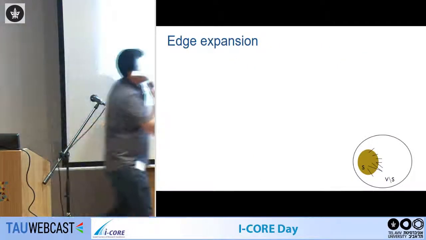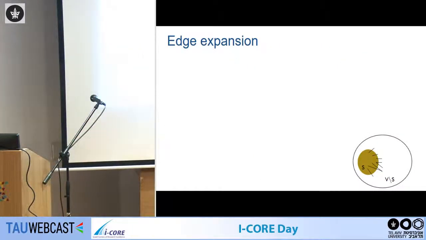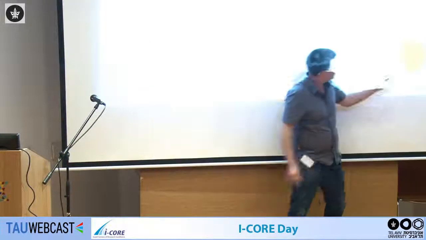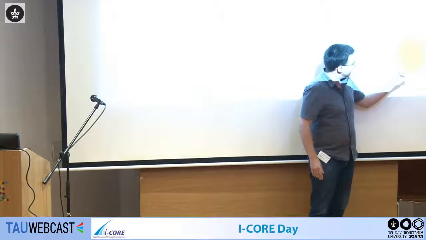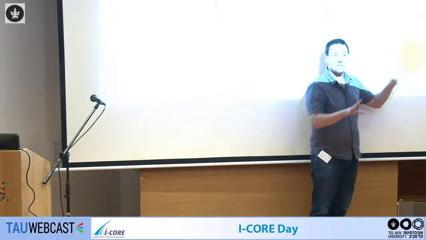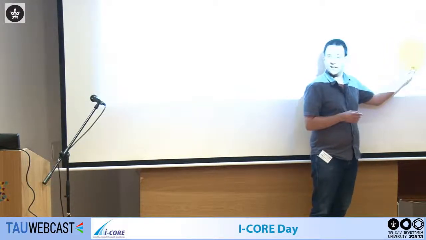So here's the high-level definition of expansion. There are various definitions of expansion. I'm going to focus on edge expansion because it's the easiest to grasp and the most relevant in our context. We have a set of switches S. I've partitioned my network into a set of switches S and the rest of the switches in the network.